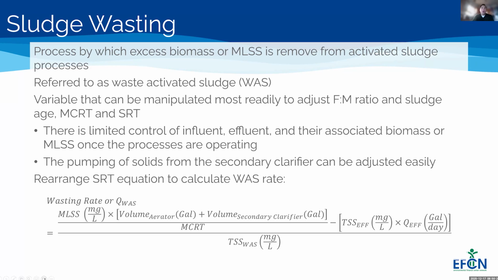That's how you calculate that. Again, we'll show you how to do this in another presentation, but that's the basis of how it works. So that's the end of sludge wasting.